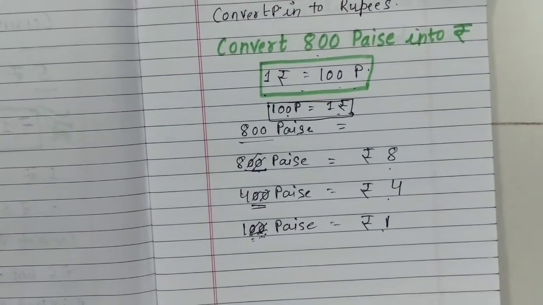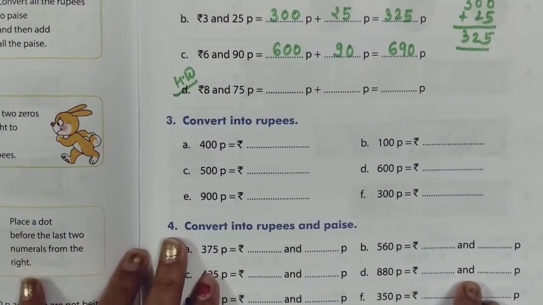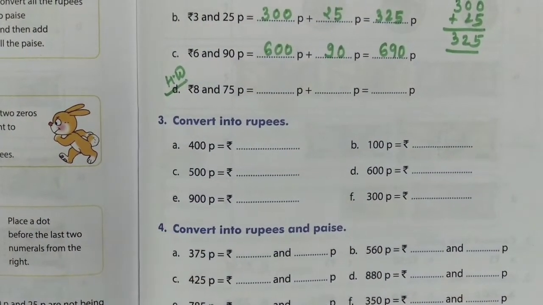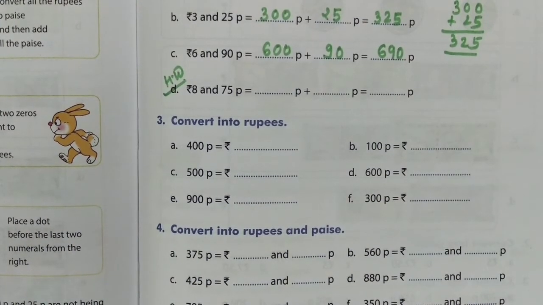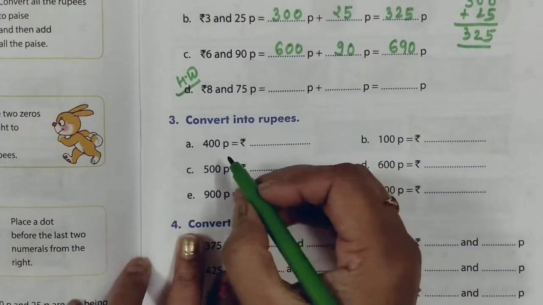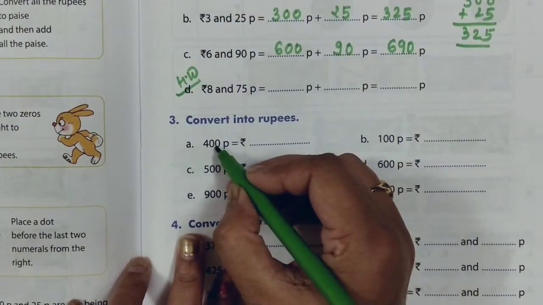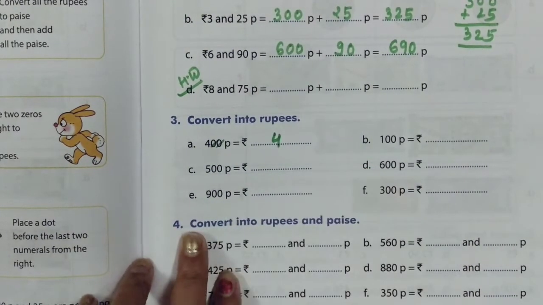Now come to the exercise. Question number 3, convert into rupees. You have to perform the conversion. 400 paisa: when you remove 2 zeros from the right side, it will be rupees 4.